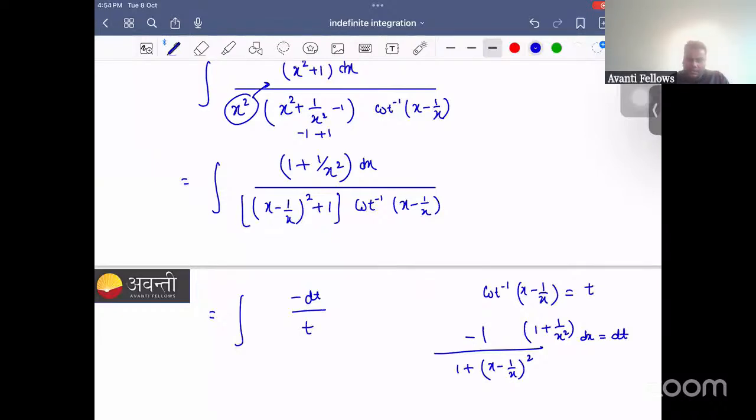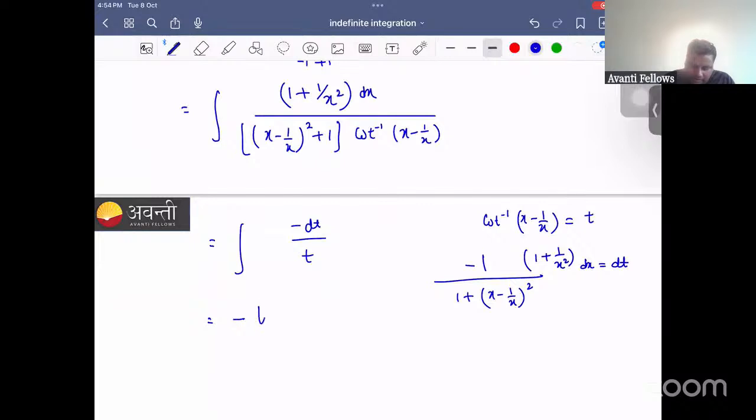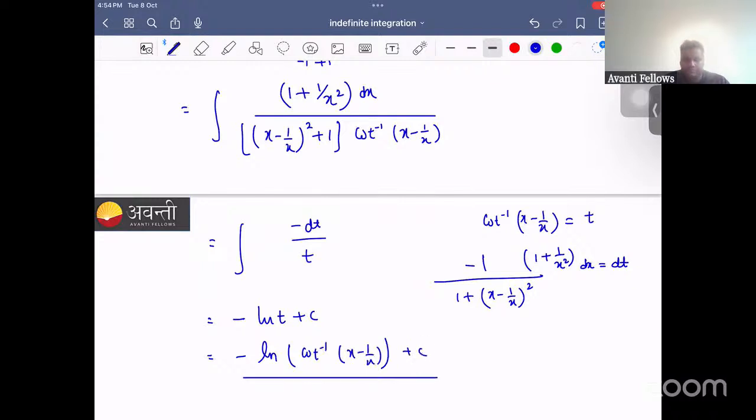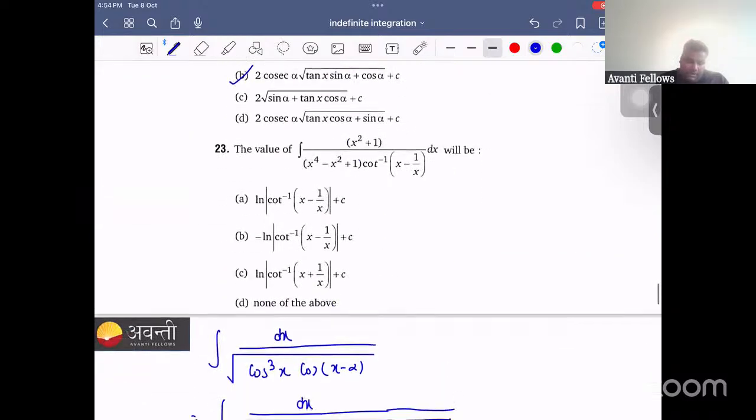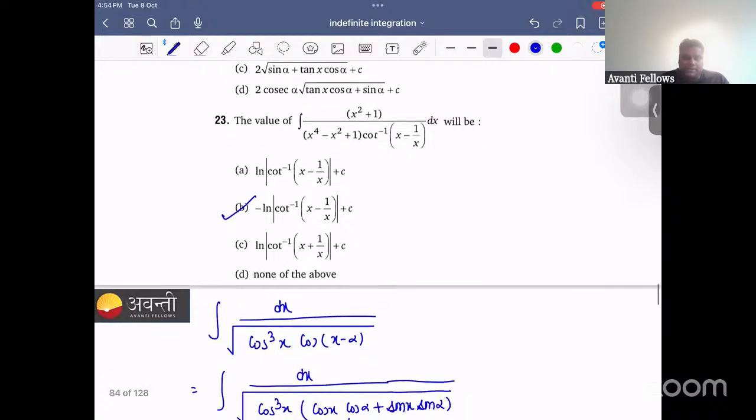Got it? Now its answer will be minus of ln t plus constant. So minus of ln cot inverse of x minus 1 by x plus constant. This is your answer.